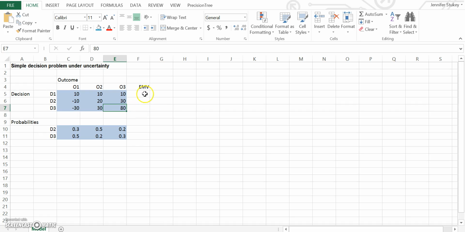Now, the expected monetary value of decision 1 is $10 because it's a sure thing. So we're going to go ahead and plug that in.